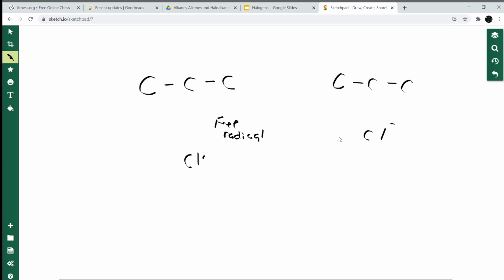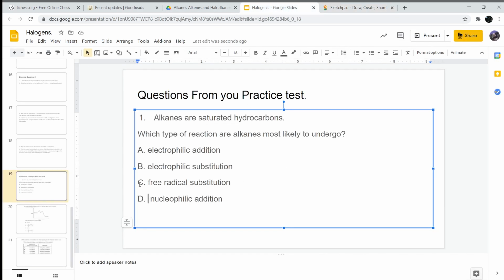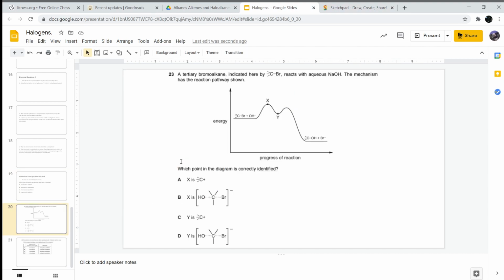Those are the two ways that we can add on. Since we don't have the nucleophilic substitution option, we're left only with the free radical, which is why C is going to be the answer for this question here.